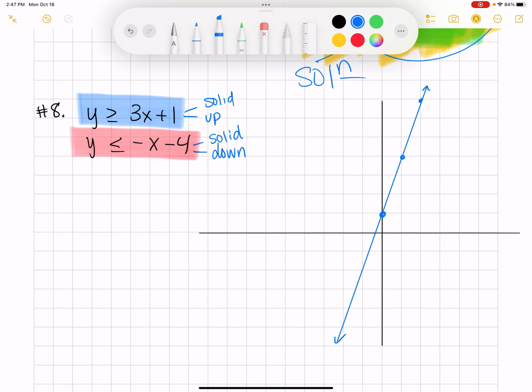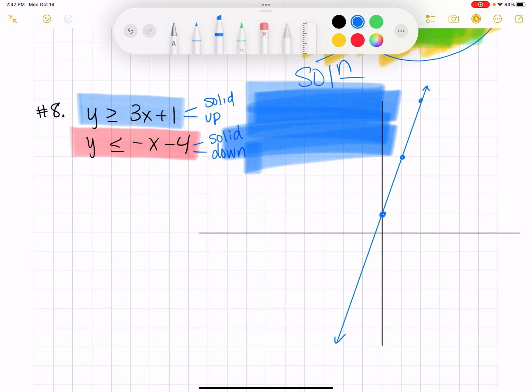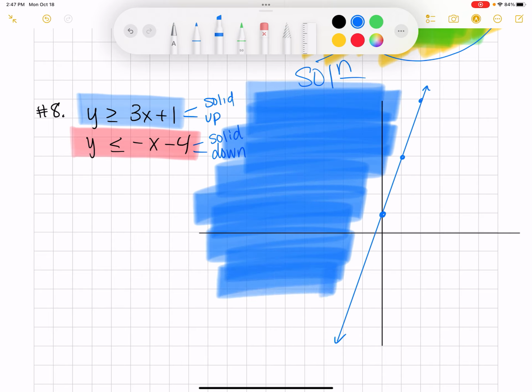So you see how the y axis is on this side of the line? We're shading on that side because it's up. The next one is going to be down, so you'll see what happens with that one in a second. Okay, I made that too dark, so I'm going to try to not make this one so dark. Okay, there we go. Just so it's easier to see.